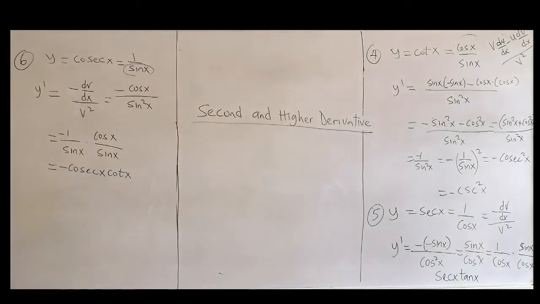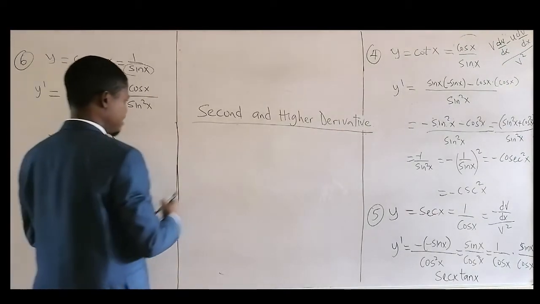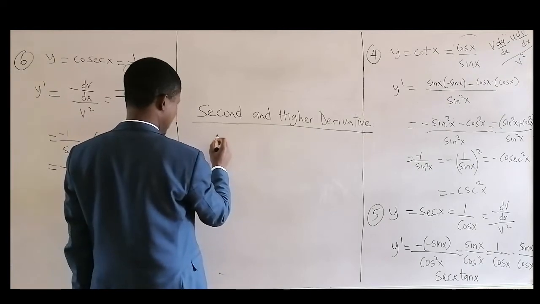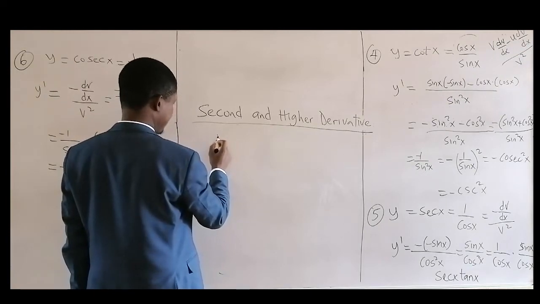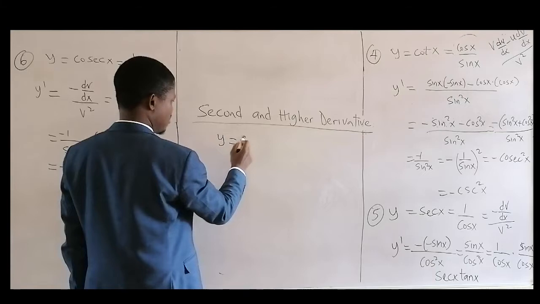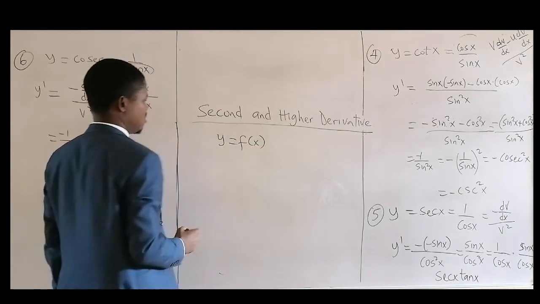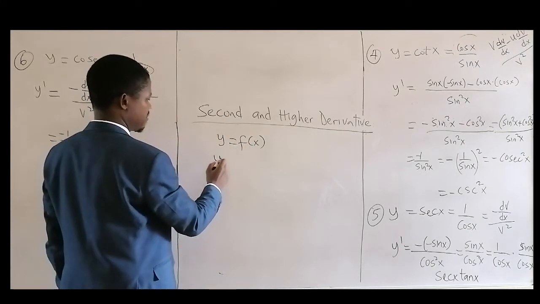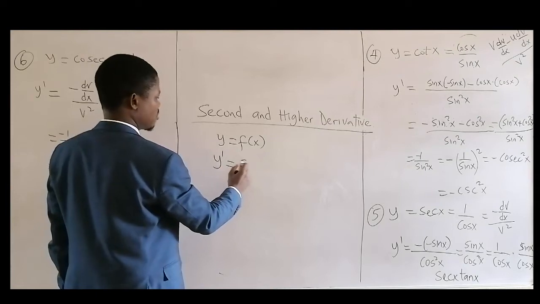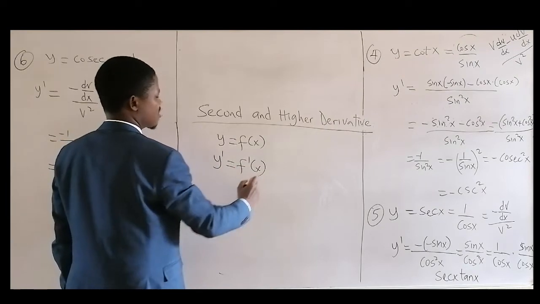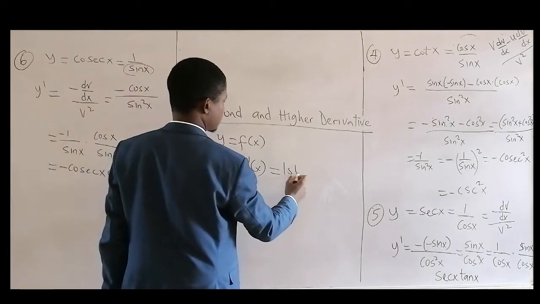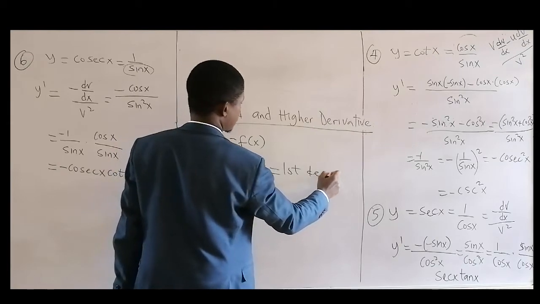Second and higher derivatives. If you have y equal to f of x, your first derivative is y prime, which is the same thing as f prime, and also the same as dy/dx. This is called the first derivative.